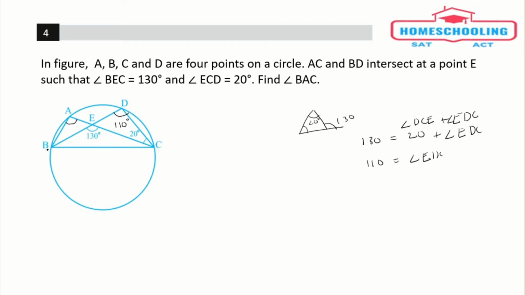Now as we know, both the angles are formed from the same chord, so angle D is equal to this angle A. So angle BAC is equal to angle EDC, which is equal to 110 degrees, as angles are subtended from the same chord.